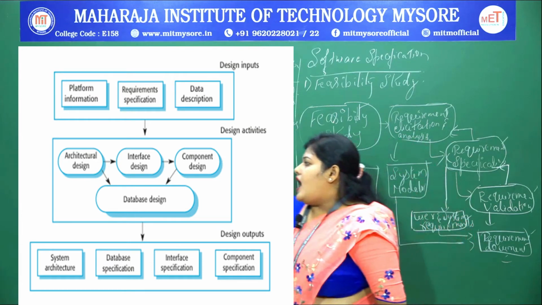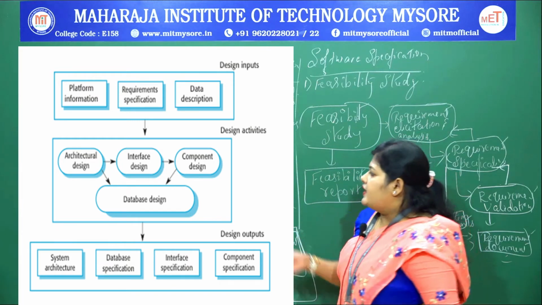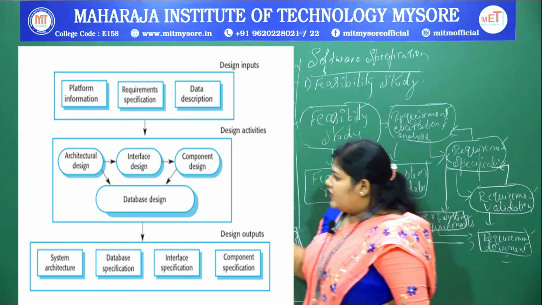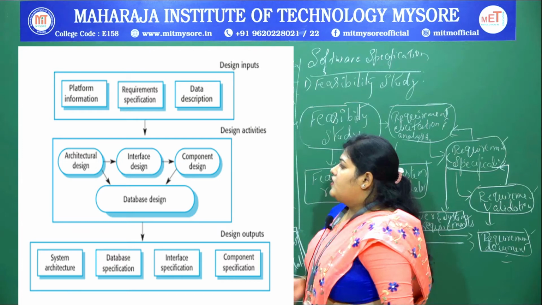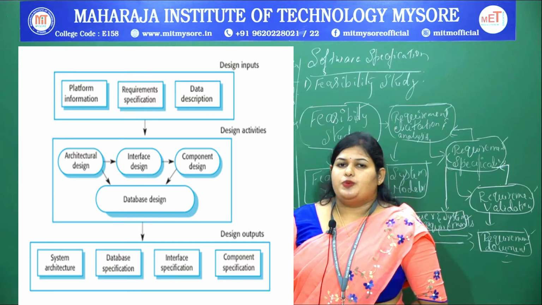So, very first, the architectural design. What is this architectural design and what are the requirements that should be executed? The architectural design gives the platform, that is, how the system should be built.